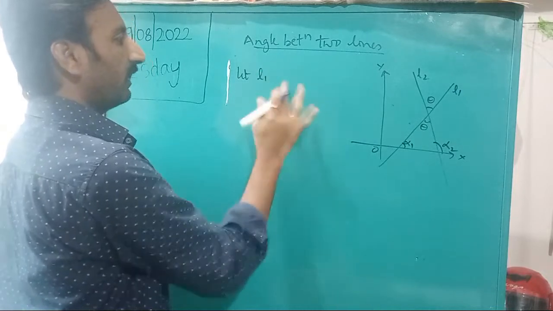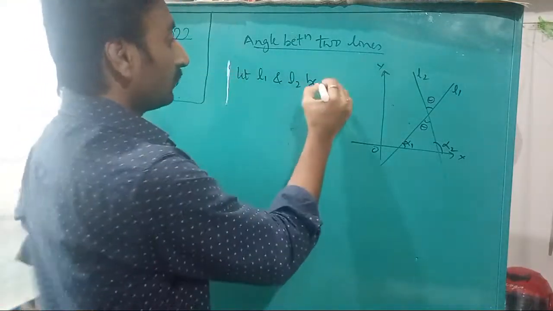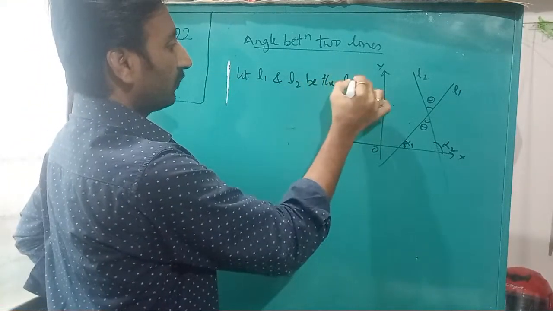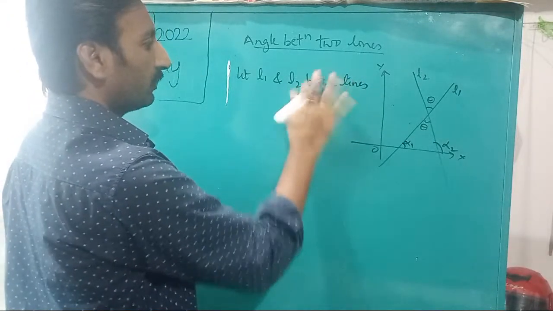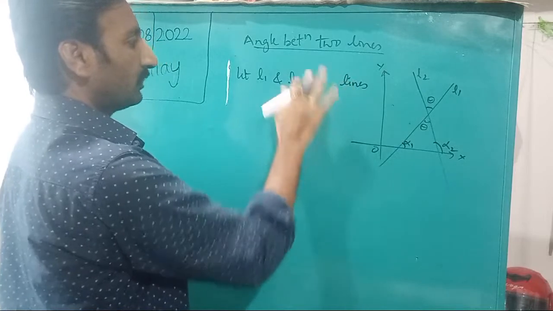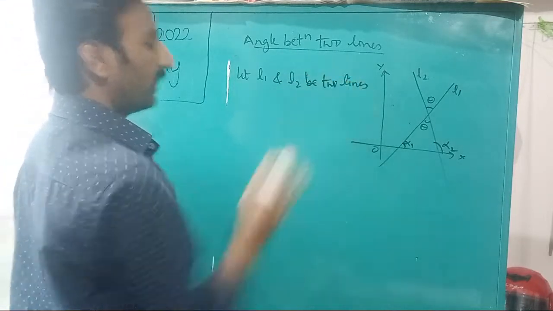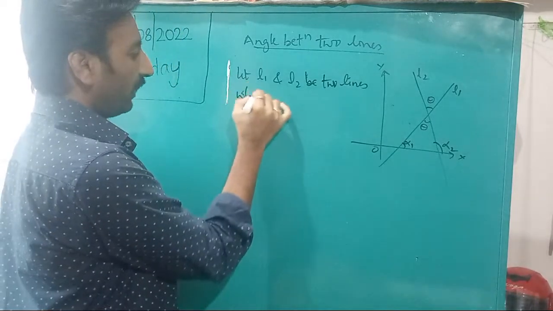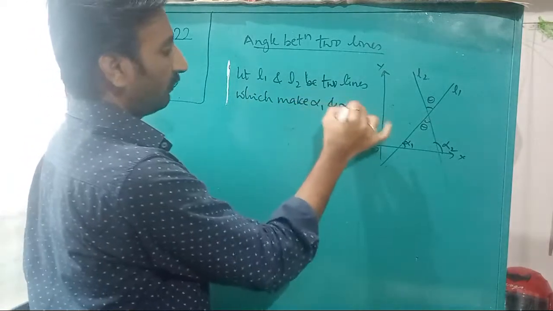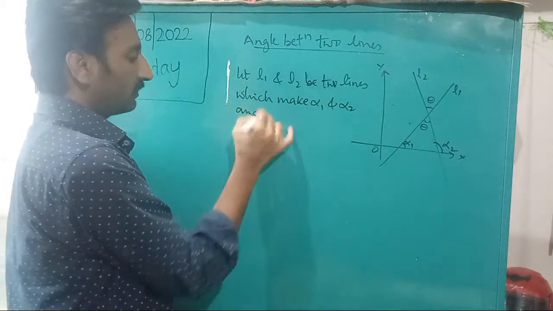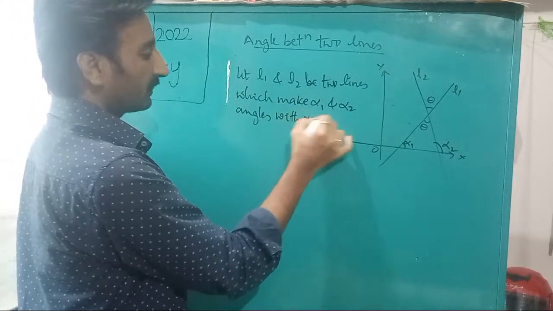L1 and L2 be two lines which make alpha 1 and alpha 2 angles with the x axis.